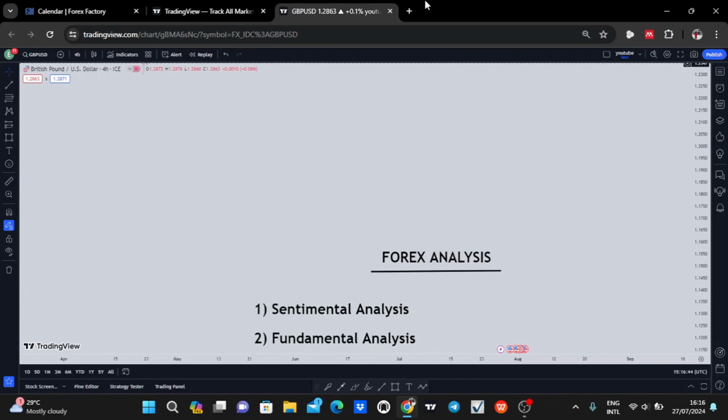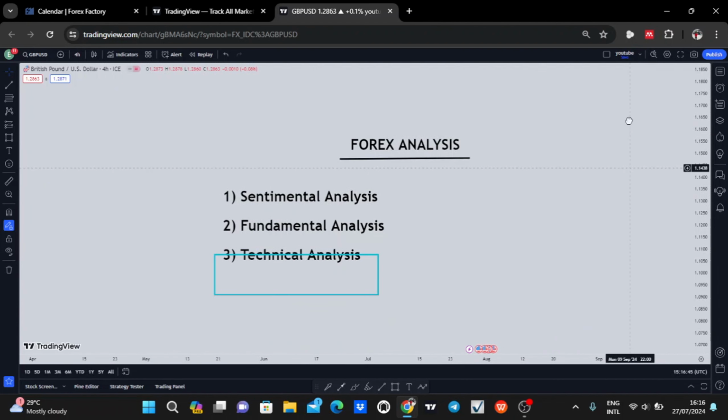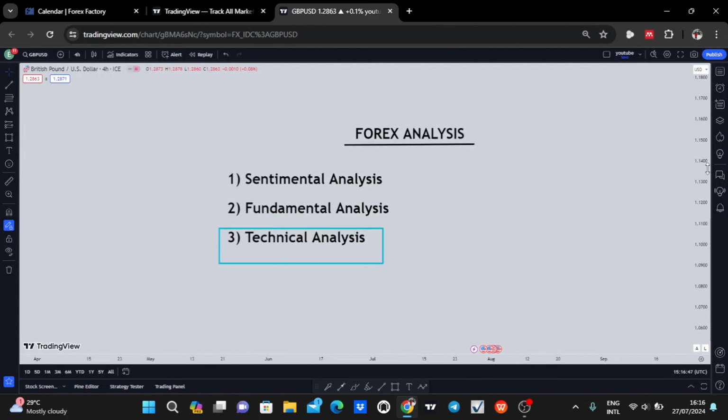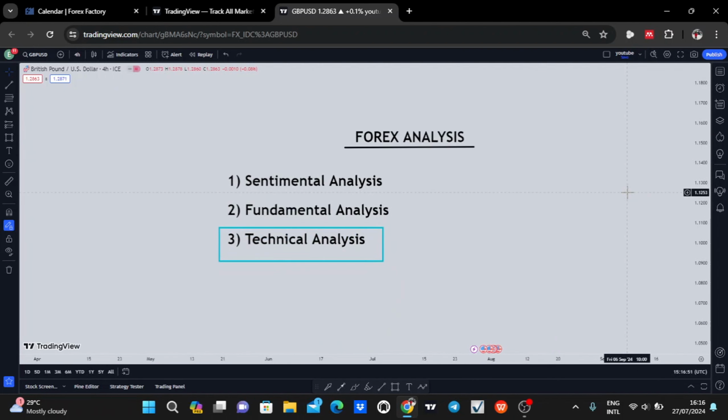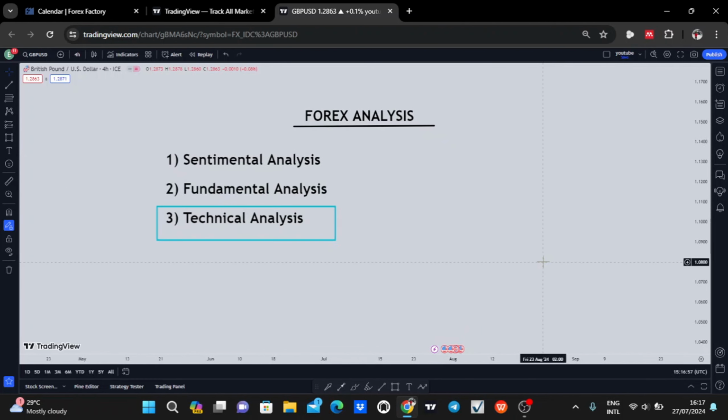Now you might be wondering, what is the best form of Forex analysis? The answer is, it highly depends on you. Do you want to become a sentimental analyst, a fundamental analyst, or a technical analyst?